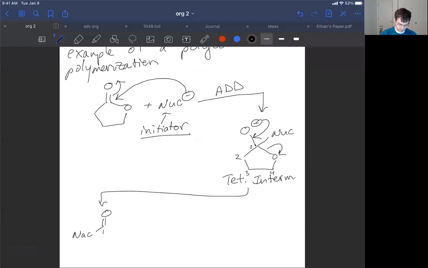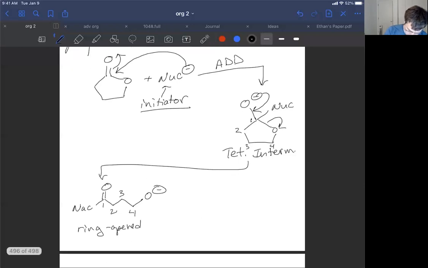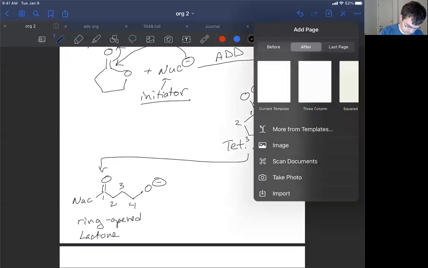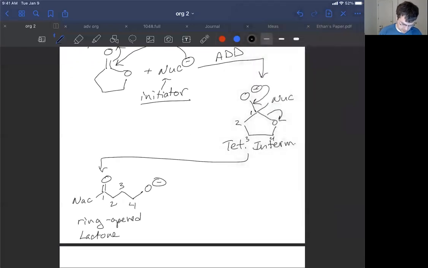So we now have our ring opened lactone. And if you recall, the goal is to connect several of these lactones together to make a polyester.